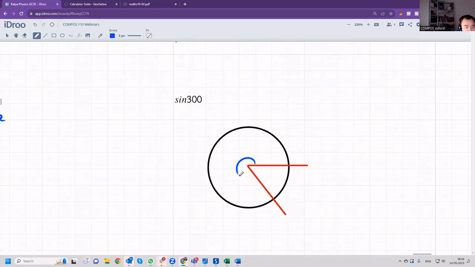If this is 300 degrees, then this angle is 60. We know the coordinates of this point from the table: 1/2, comma, square root of 3 over 2.